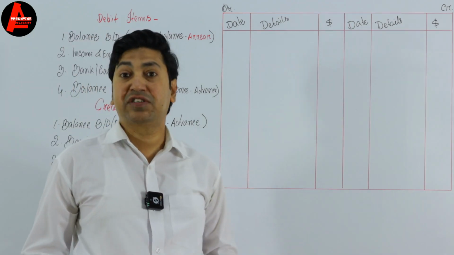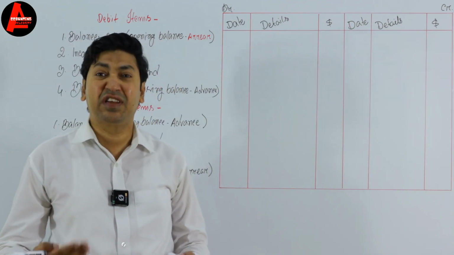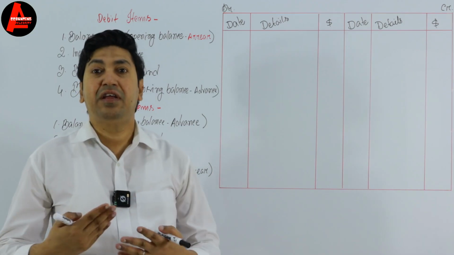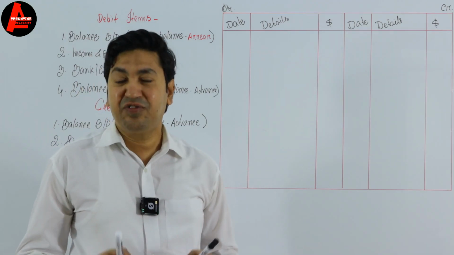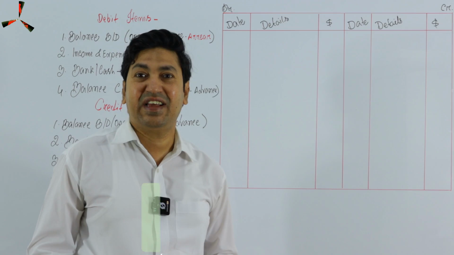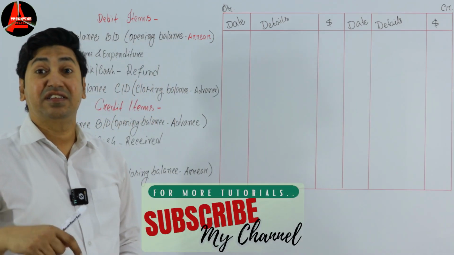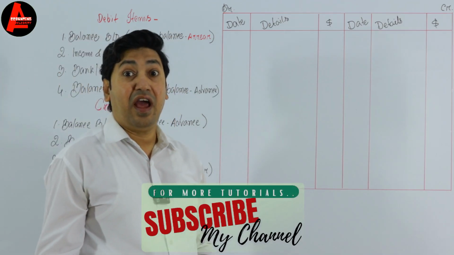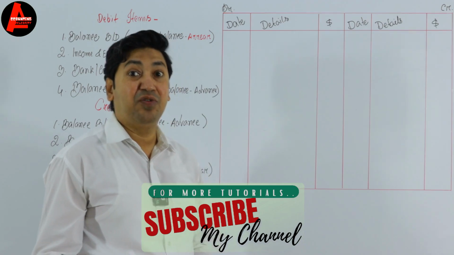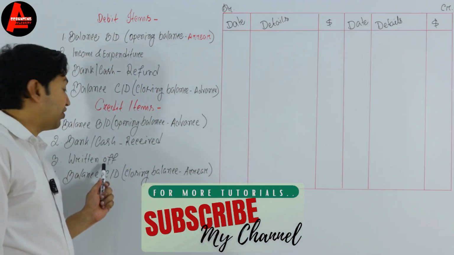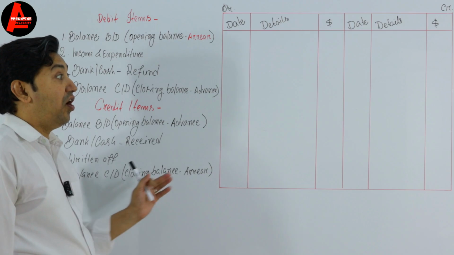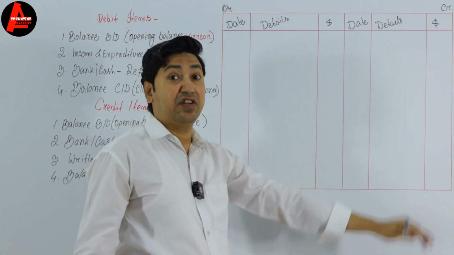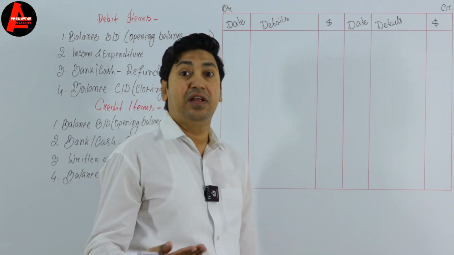One member, two members could not pay subscription for 1 year, 2 years, 3 years, 4 years, and maybe the club will not be able to receive this amount. So in this case, the club considers this type of subscription as irrecoverable, okay? We write it as subscription written off on the credit side, okay? You can also write irrecoverable debts.